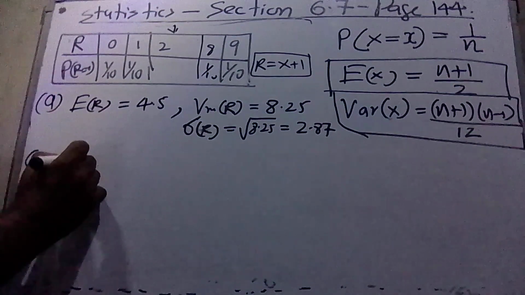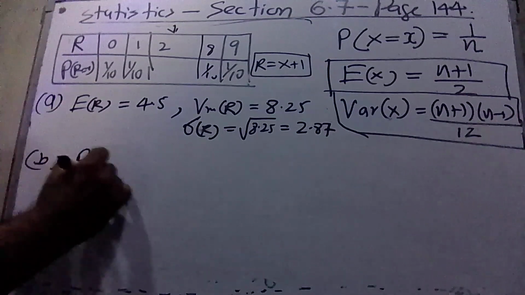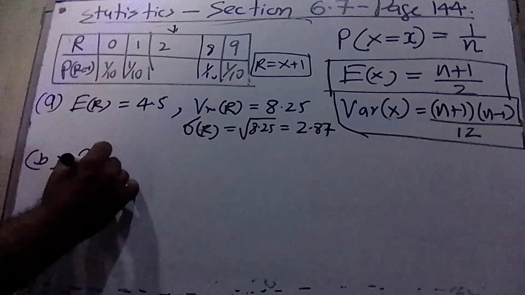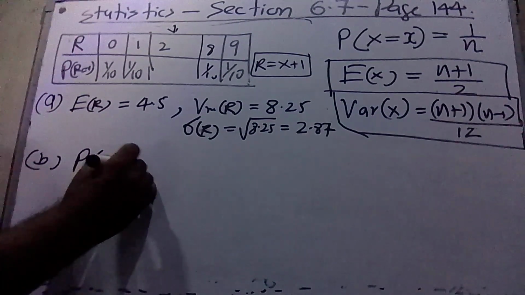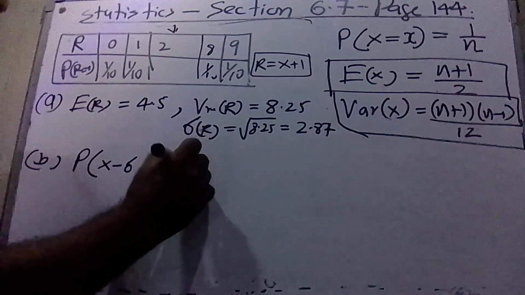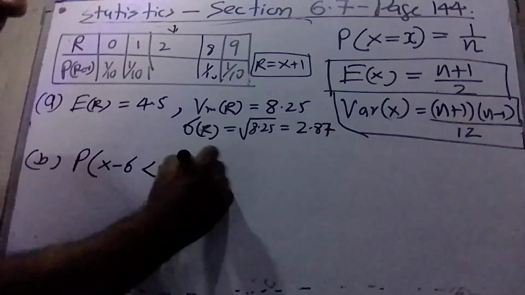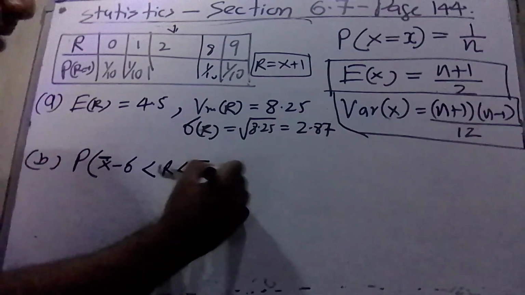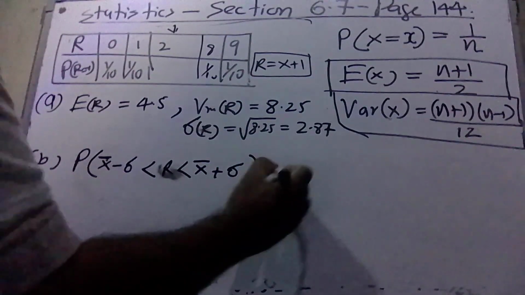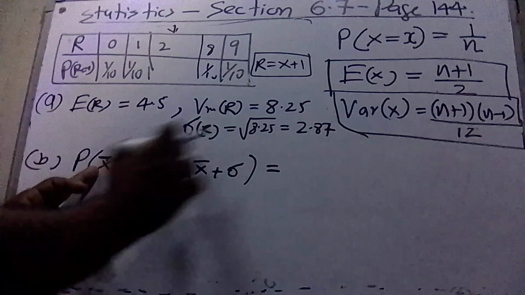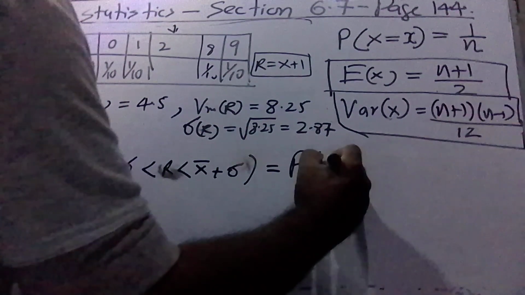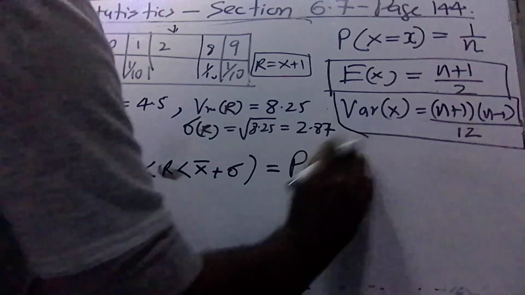We can write the probability that R lies between x bar minus sigma and x bar plus sigma. So we have to find this. The x bar we found is 4.5, and the real meaning of that is 4.5.